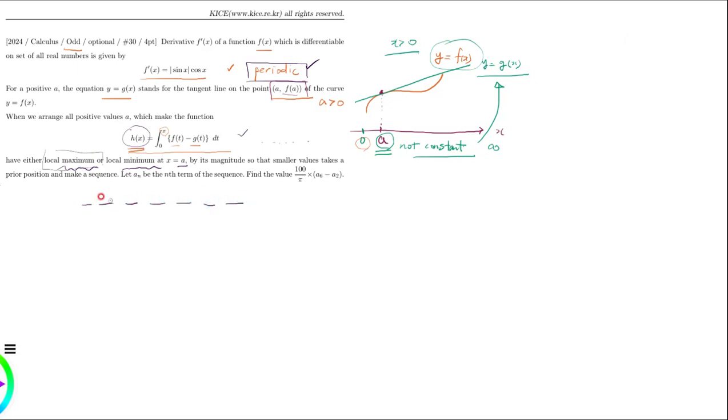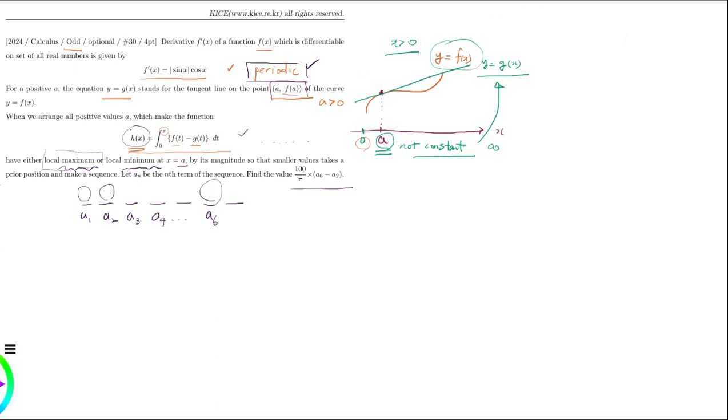The rule is the smallest one and the second smallest one, and we make a sequence a1, a2, a3, a4, and so on. Here a6, and then we are required to find this value here. This is an introduction of this problem.